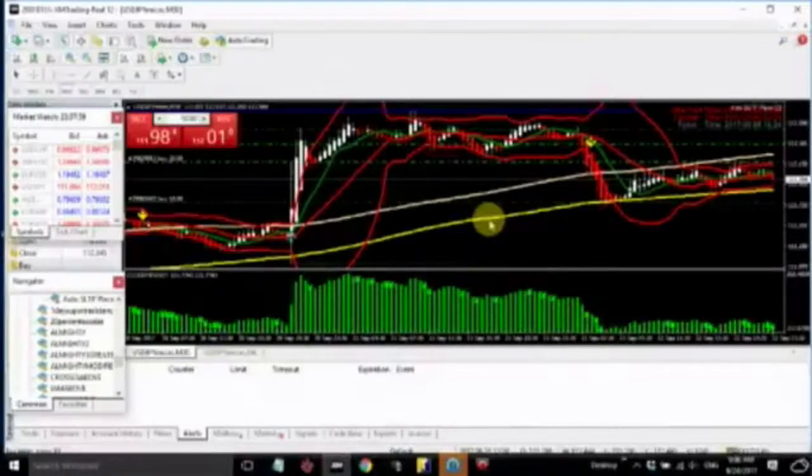All right, let's say you take a look at this place, this flat. The price is touching the top band, the upper band of this Bollinger Band.